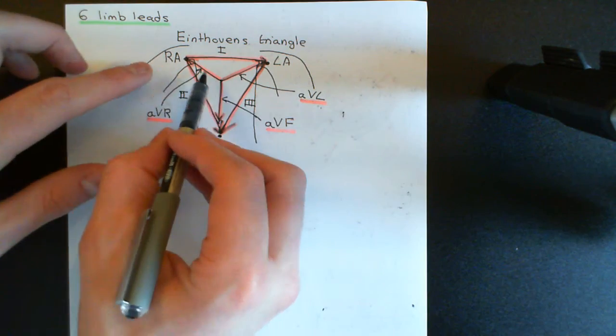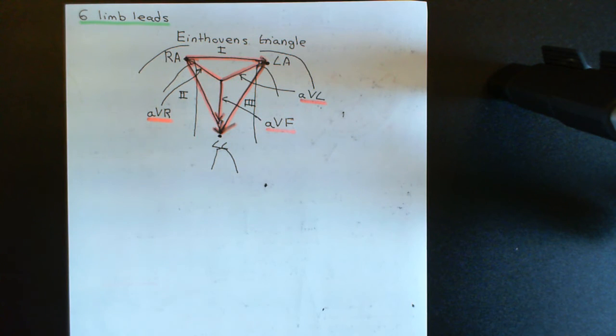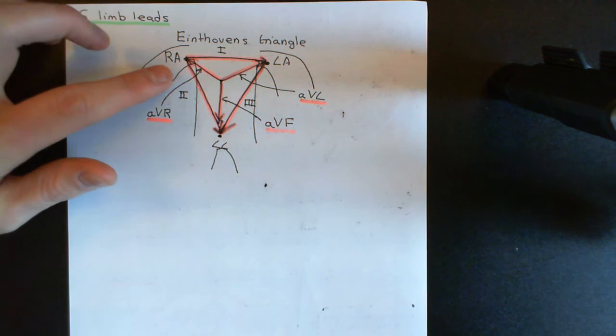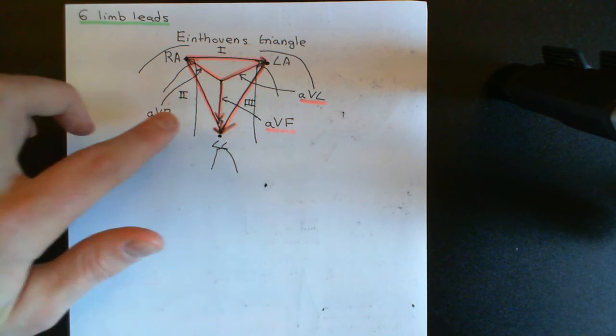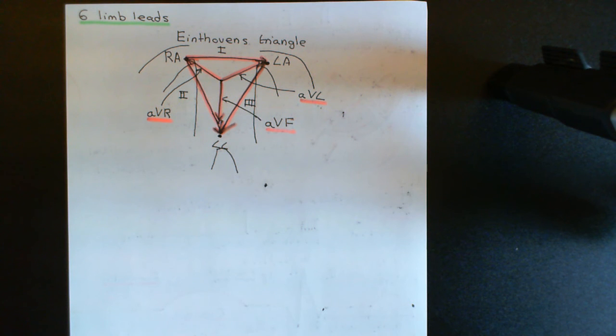So in fact, this ECG trace, AVR, is actually going to look like an upside down version of lead 2. So some of these other leads, their ECGs will look very different, and it's just because of the different places that you're taking the electrical potential difference between. But the overall pattern of having a P wave, then a QRS complex, and then a T wave, that remains the same in all of them.